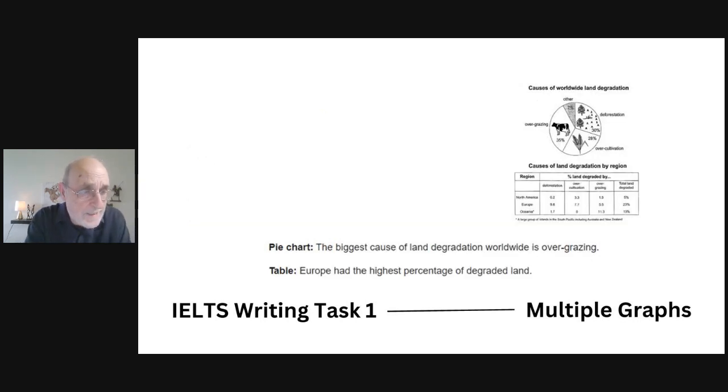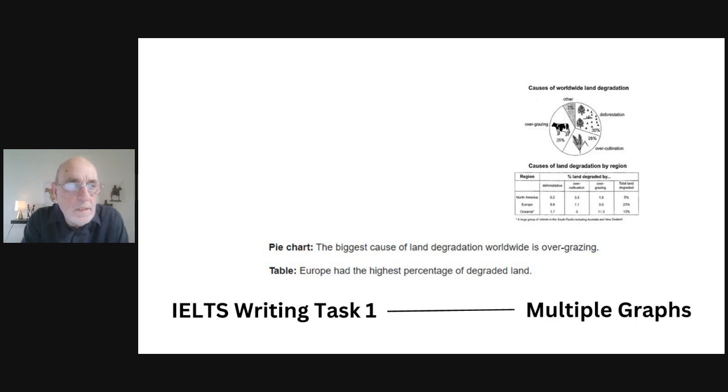And in this case, again, it's quite simple because one main feature is what we see in the pie chart. The biggest cause in the pie chart of land degradation is overgrazing. And in the table where we're dealing with the different regions, we simply notice that Europe has the highest percentage.